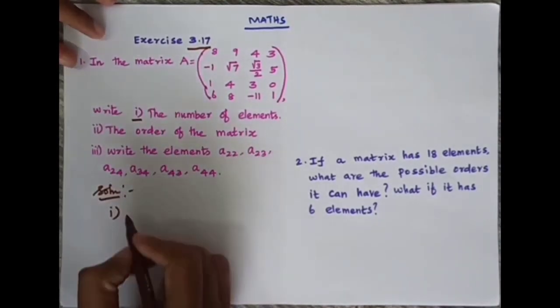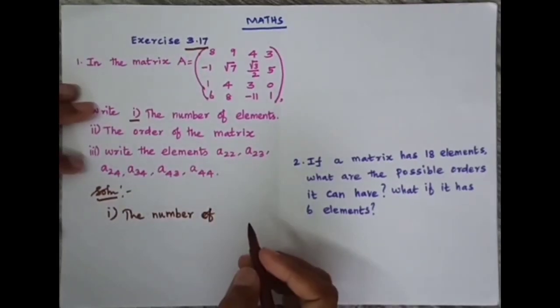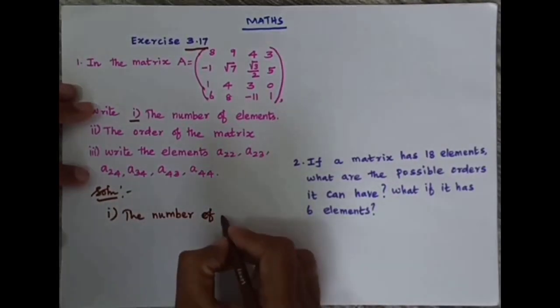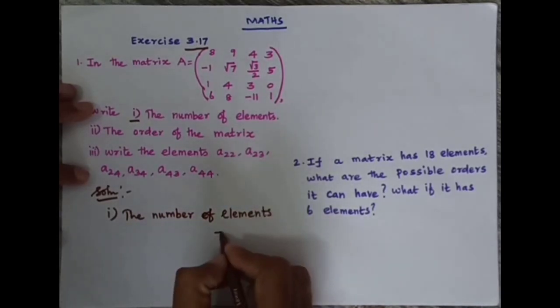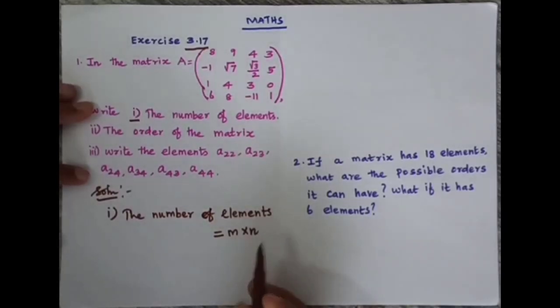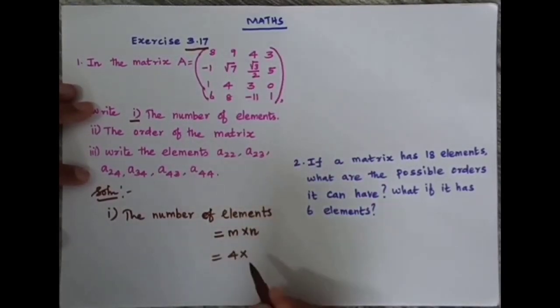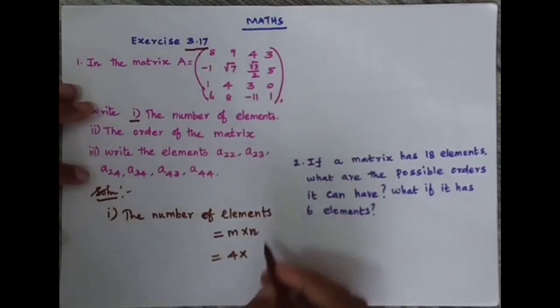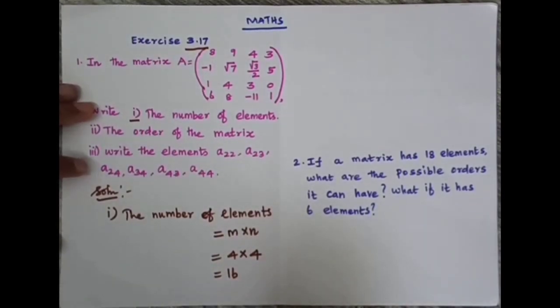The number of elements is m by n. Here we have 4 rows. Here we have 4 columns. So we have 16 elements in the matrix A.